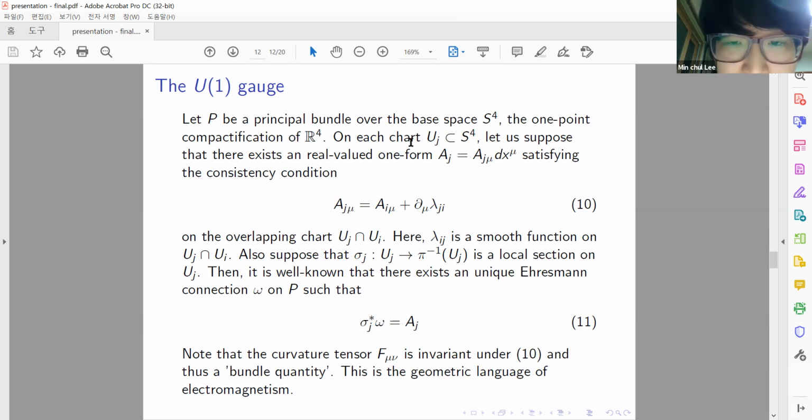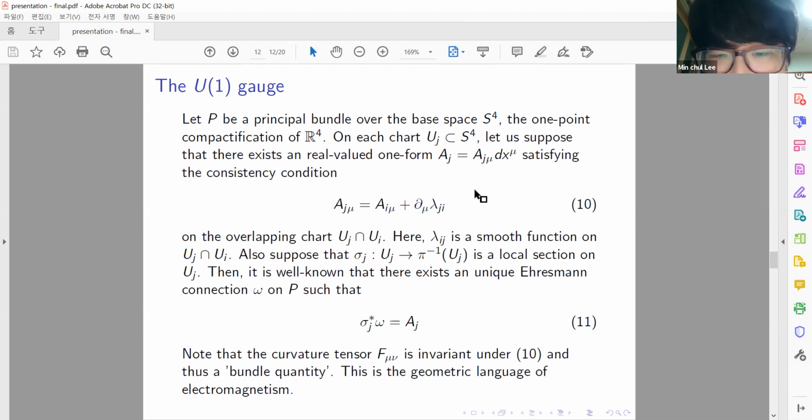So on each chart Uj of S4, let us suppose that there exists a real valued one form Aj, which is also written as Aj mu dx mu, satisfying the consistency condition, which is written as this.